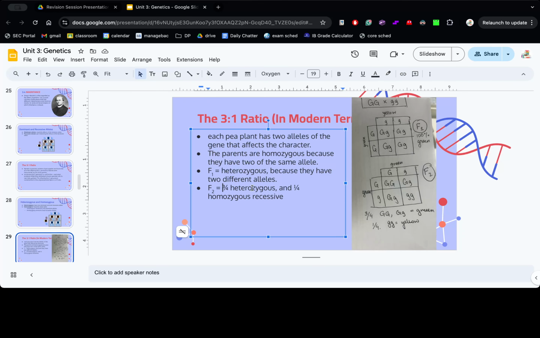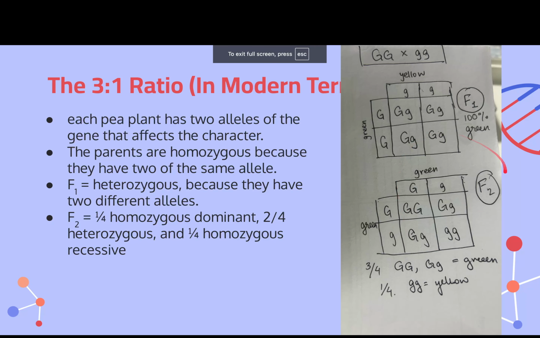Sorry guys. It's a 1-to-4 homozygous dominant, a 2-to-4 heterozygous, and then a 1-to-4 homozygous recessive. Okay, that makes sense.